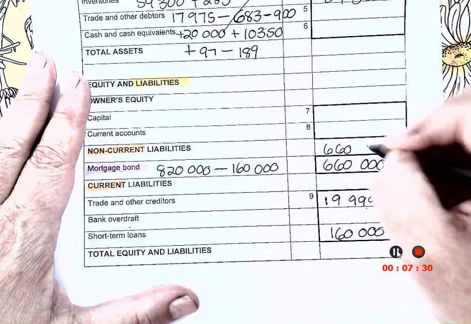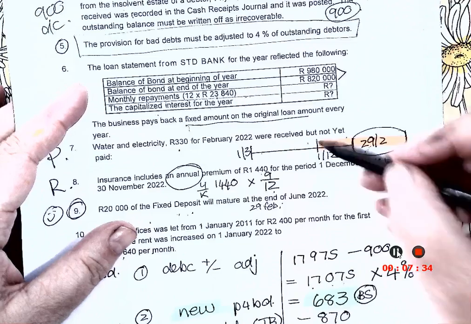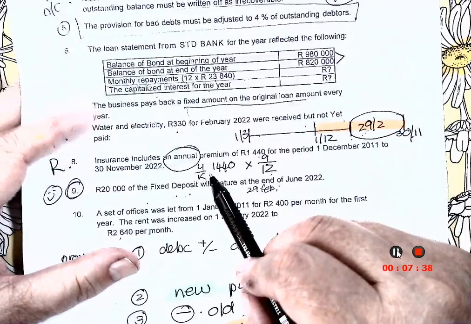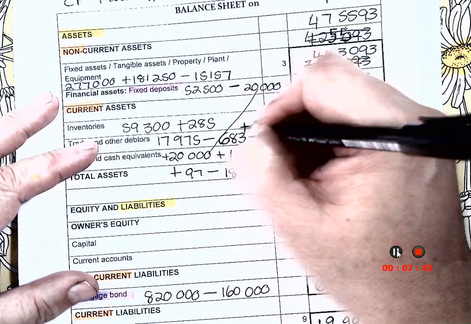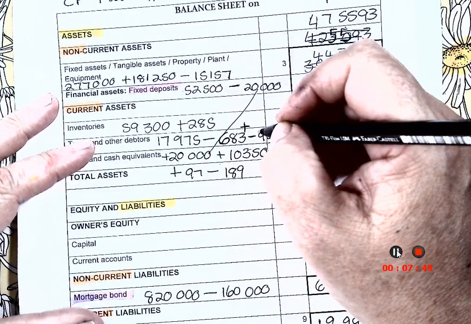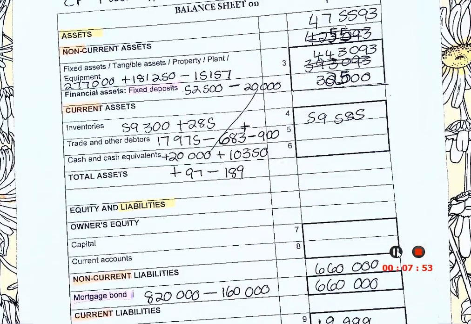Yes, ma'am. Okay. Next one, water and electricity. That's accrued. We already did it. Insurance was a prepaid. So that makes my debtors more. So I need to add it here to the debtors. And how much was prepaid? Is it 1,320? No, it wasn't. What was it? 1080.